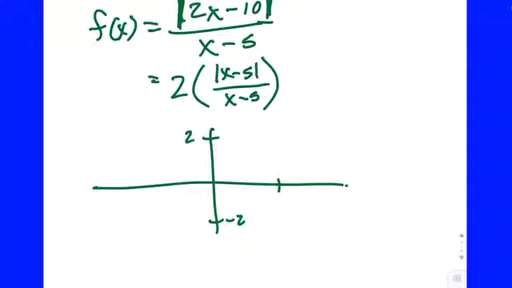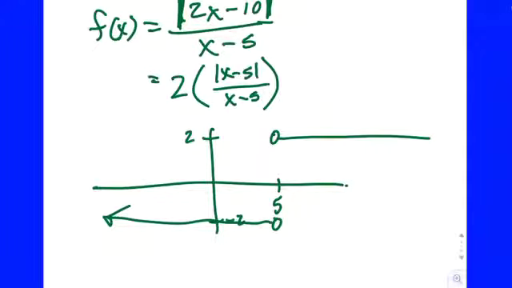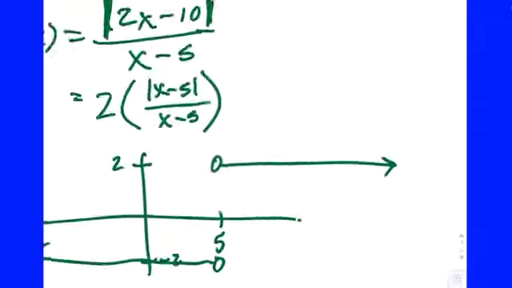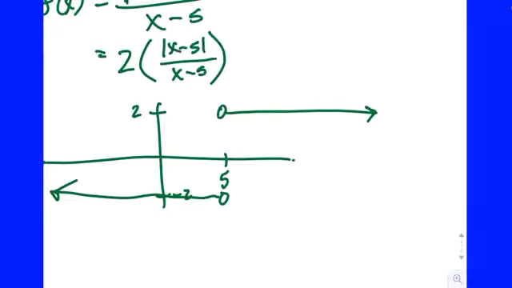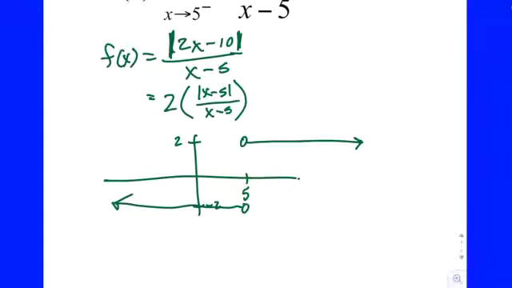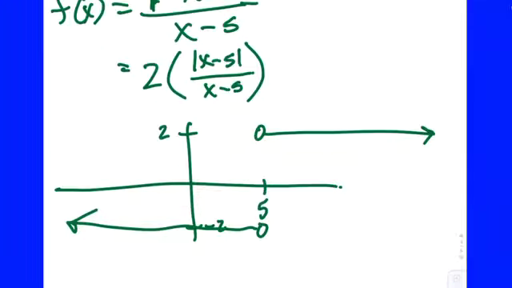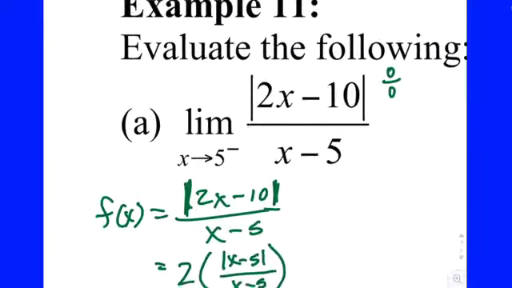So if the jump used to be at 0, now that jump is at 5, and the graph looks like this and like that. Now you could put it into standard transformation form and sketch it, but again, notice on either side of 5 where the jump is, the function value and the limit value are the same. So I know that the answer now, because I've sketched it from the left of 5, is negative 2.